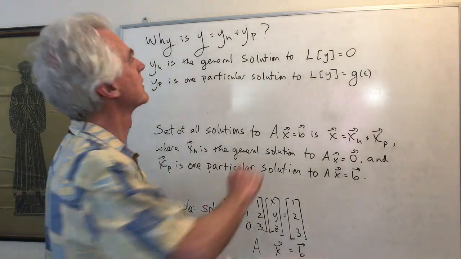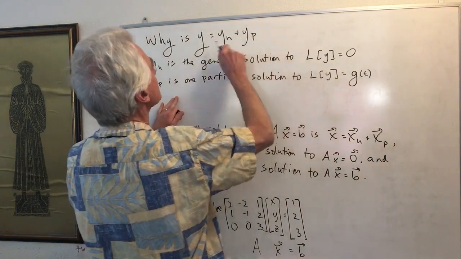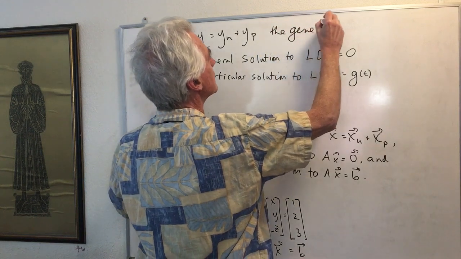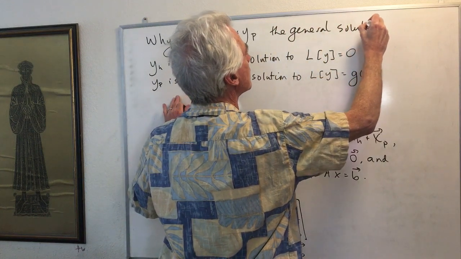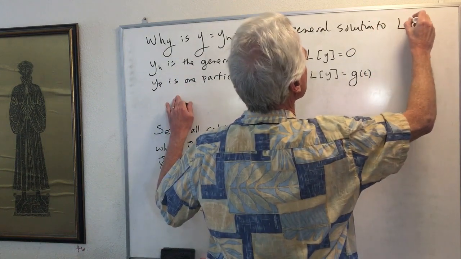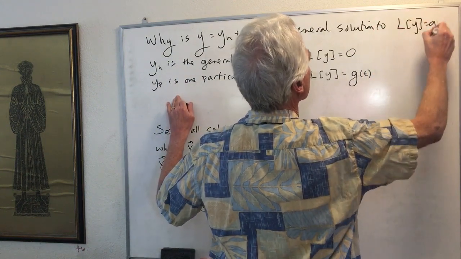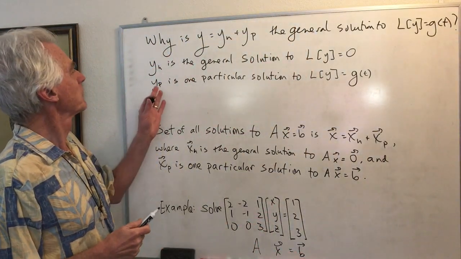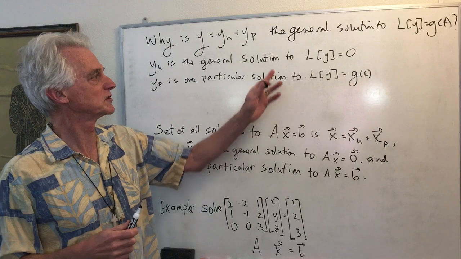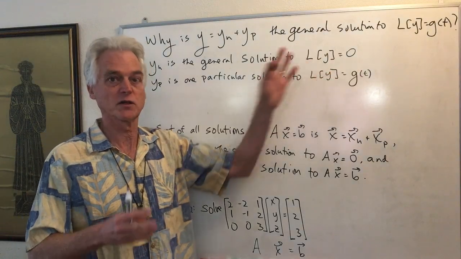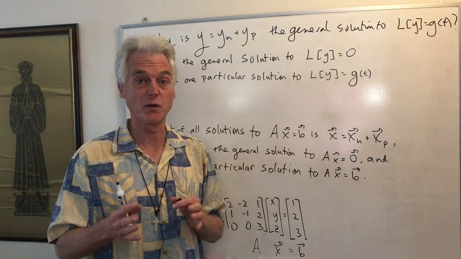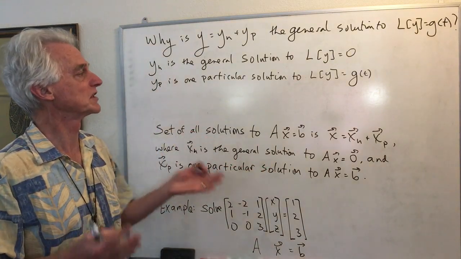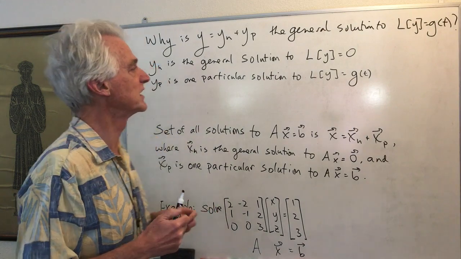And I can change that to y is yh plus yp, the general solution to Ly equals g of t. Okay, and remember that yh is the general solution to Ly equals 0, so the associated homogeneous equation, and yp is one solution, a particular solution to Ly equals g of t.